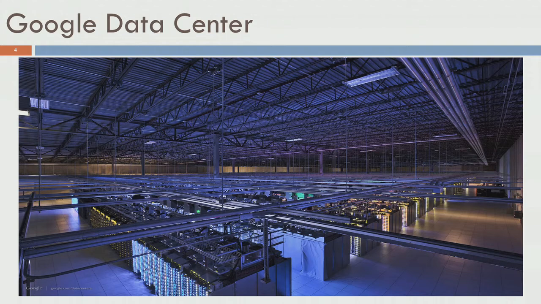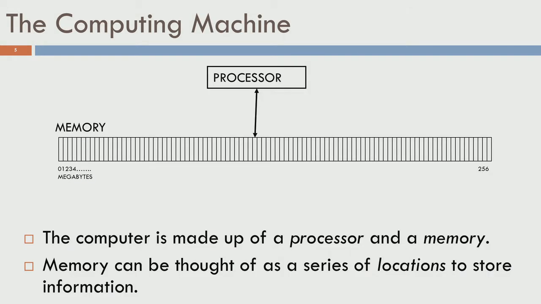And this is just one of their data centers, and this requires enormous organization of the equipment, power systems, cooling systems and so forth. But all of this is basically a computing machine.